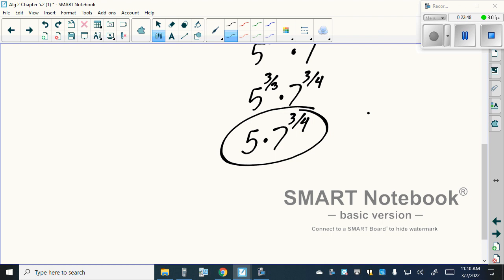Because if we wanted to, this would be 5 times the 4th root of 7 cubed, and then we could see what 7 cubed is. But for these, they're not asking us to rewrite it in radical form.